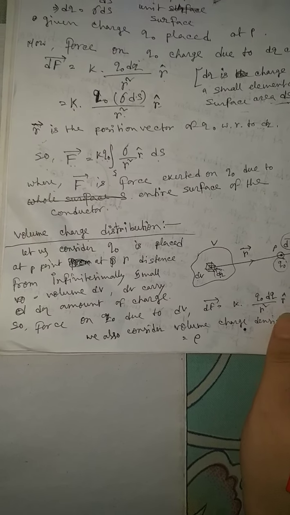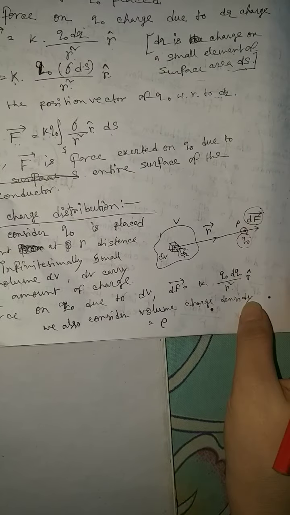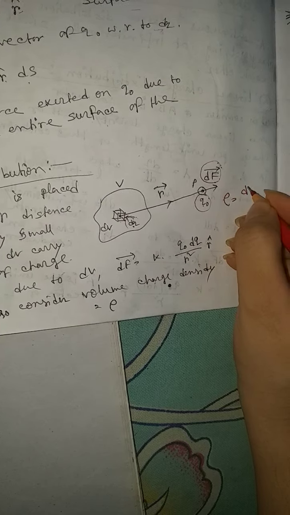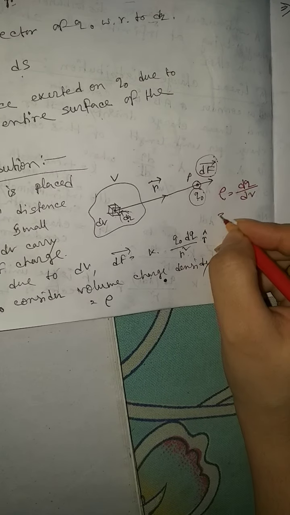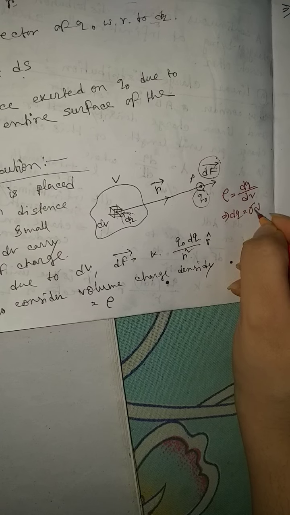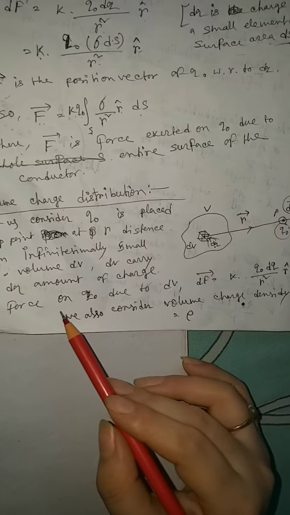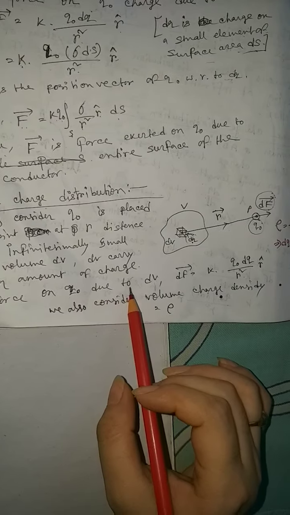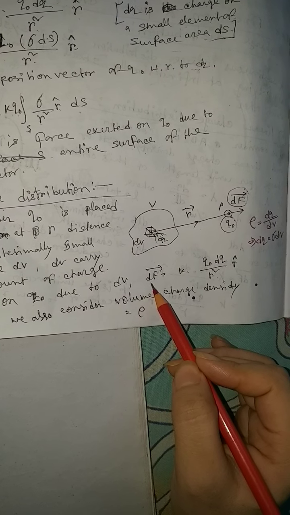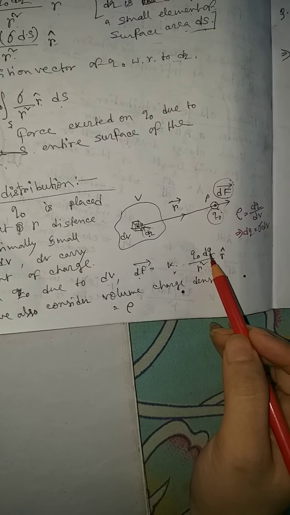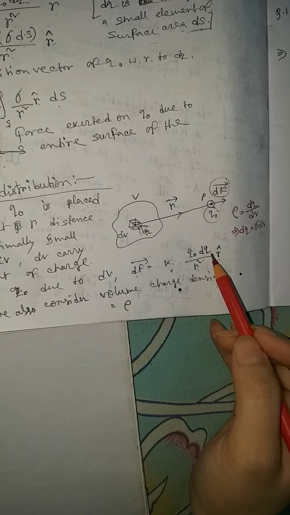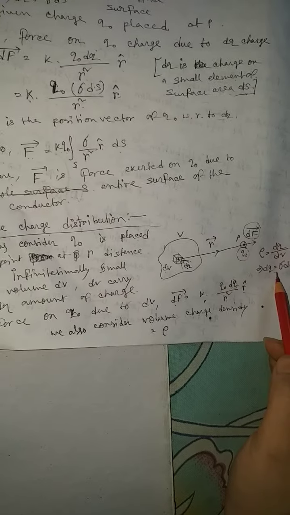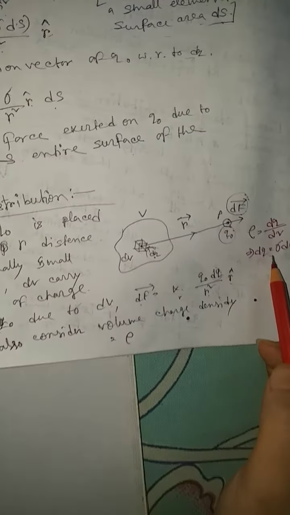We can write rho equals dq by dv, so dq equals rho into dv. So now the force on q naught charge due to dv, that is df vector, equals k into q naught into dq by r square into r cap. Just replace dq by rho into dv.